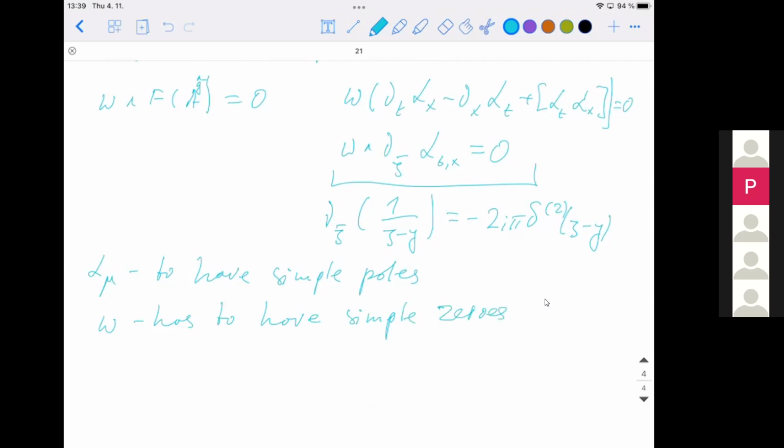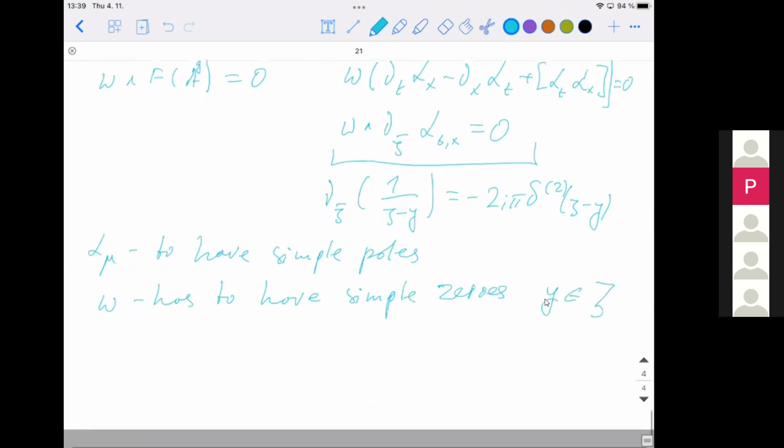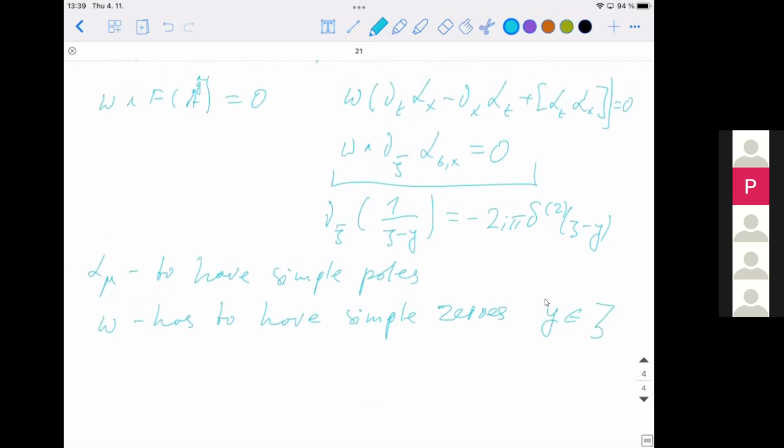So this omega has zeros at y. This is called disordered defects.